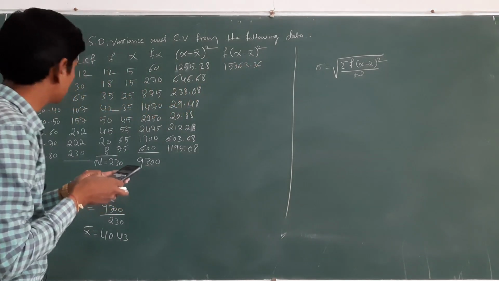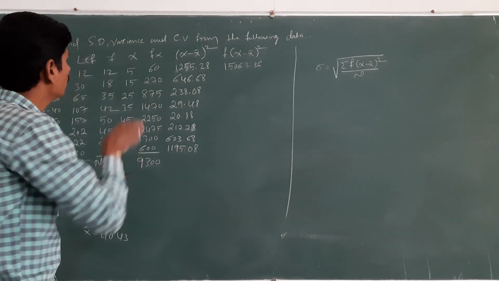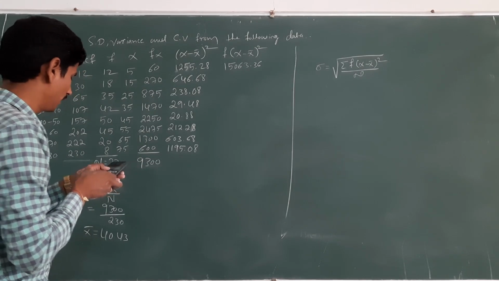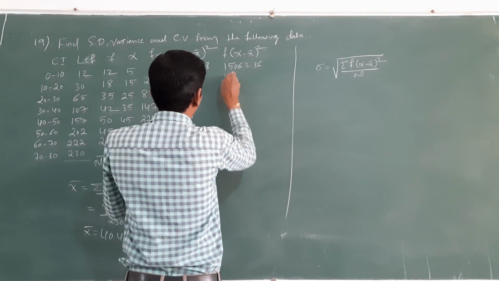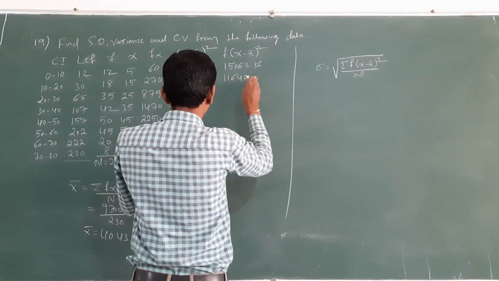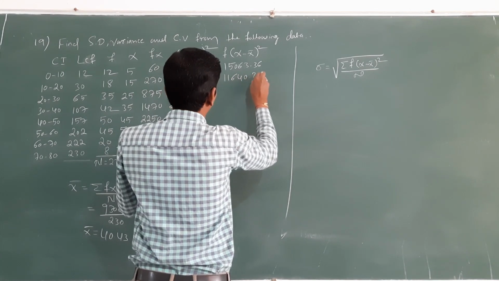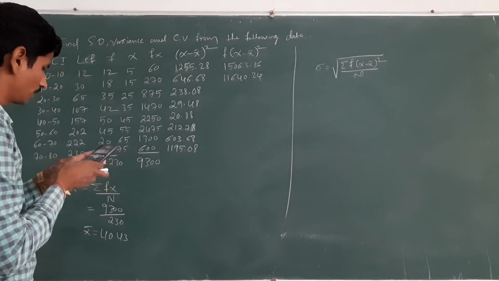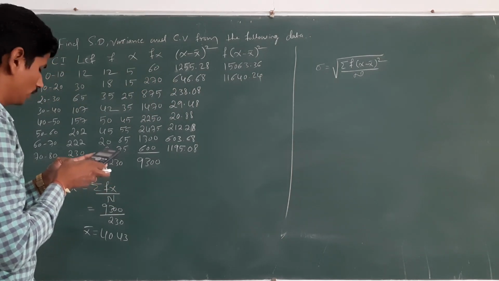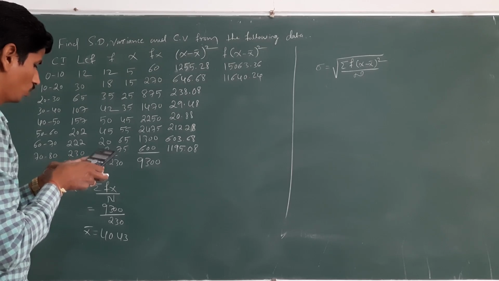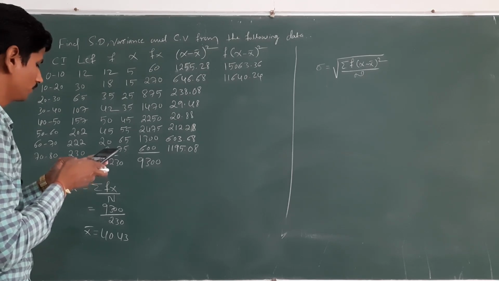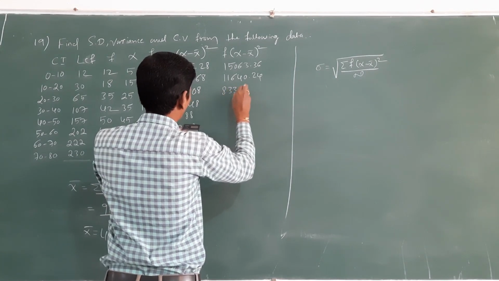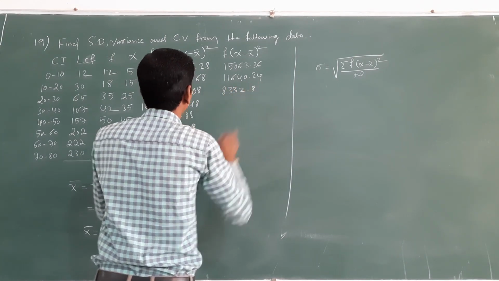The next frequency is 18 into 646.68 is 11640.24. The next frequency is 35, 35 into 238.08 is 8332.8.